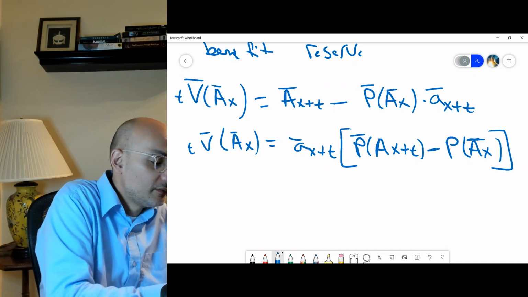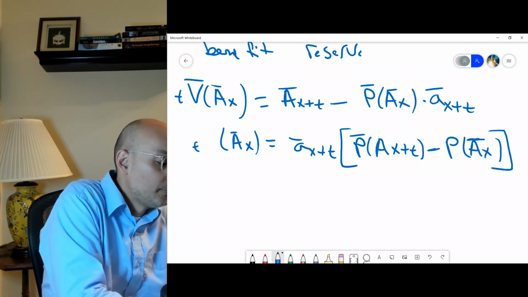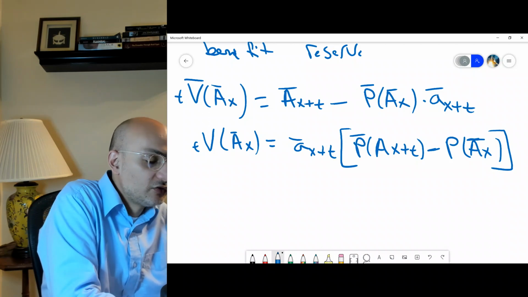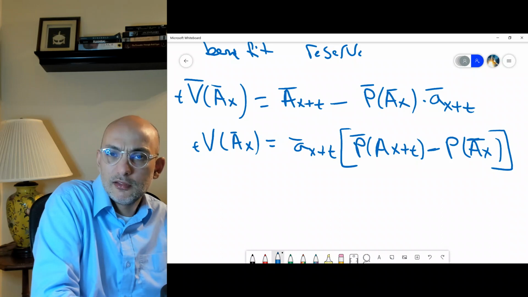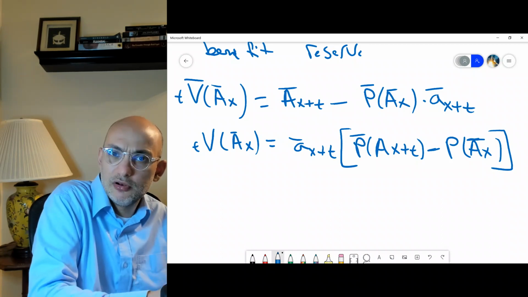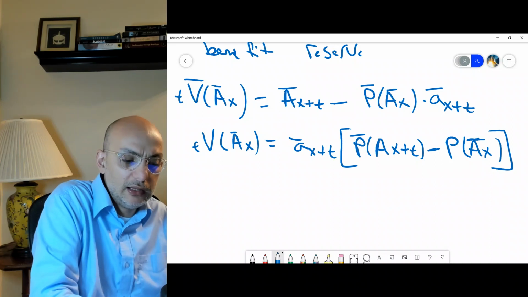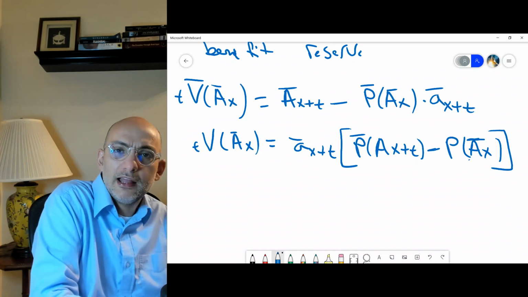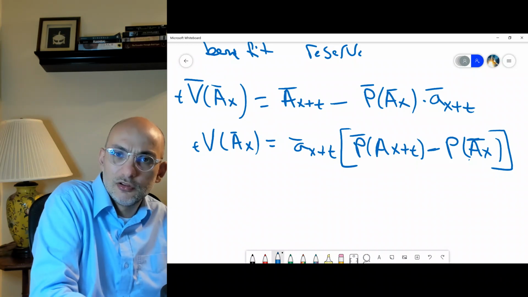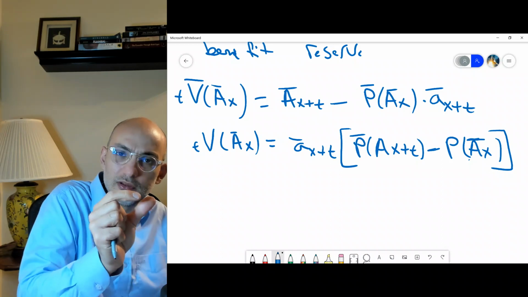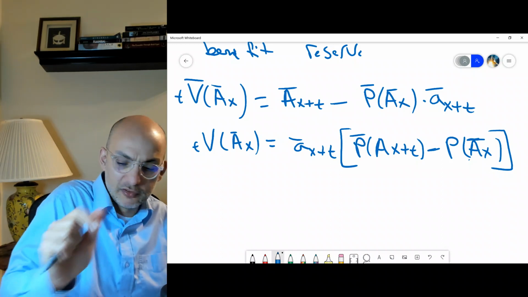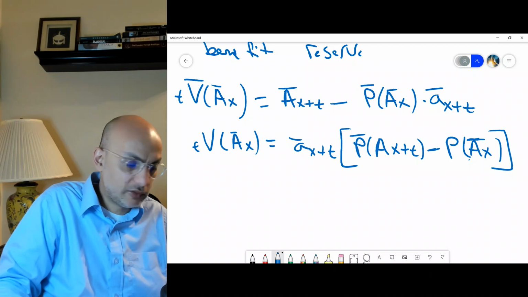So the reserve at time t for a policy issued at time x is the difference between the two premiums: the premium that was calculated and included in the policy, and the premium you would have calculated today. That difference you take as an annuity of the differential of those benefits, right? It makes a lot of sense to think about it this way.